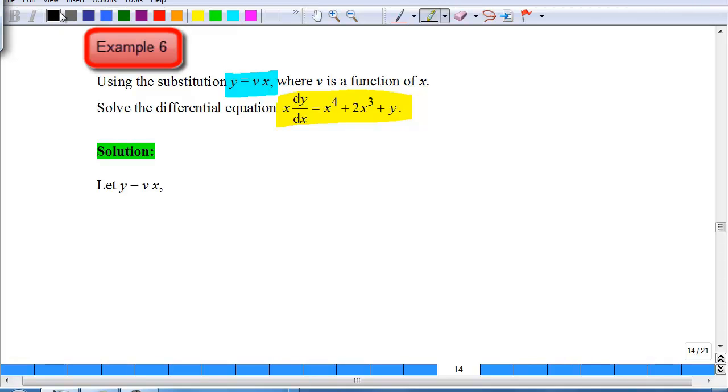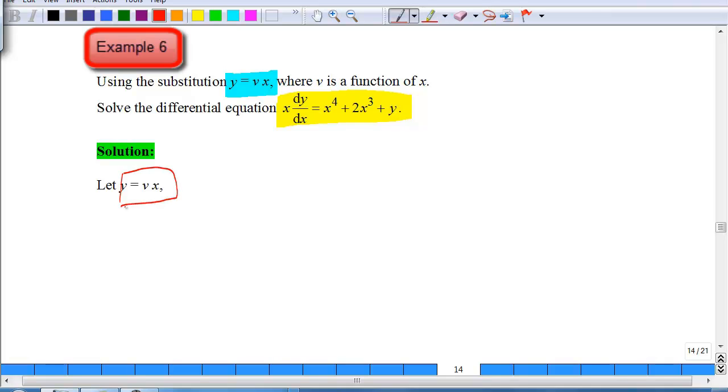Now in your question, the derivative that you see here is dy/dx. So you are going to get rid of the variable y and change it to the variable v.